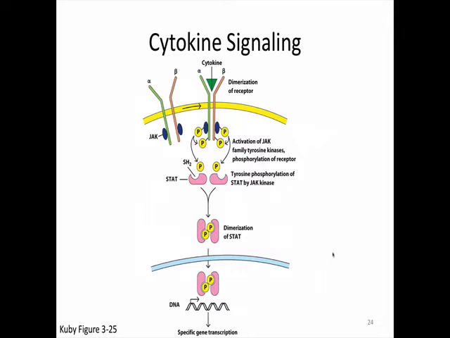And when 2 JAKs are brought close together, they can phosphorylate one another on those tyrosines and then be able to bind the phosphorylated tyrosines to the binding site, so they'll make this back-to-back structure.